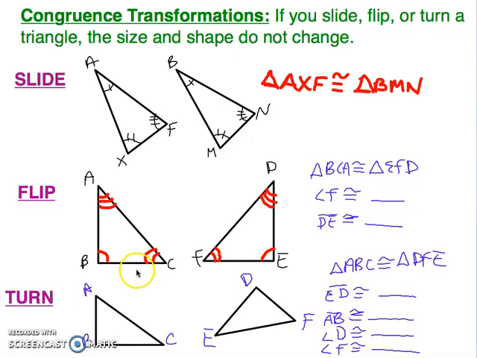So with these congruent measurements, we can see that one little arc means that these are congruent, and two little arcs means that these are congruent, and then three little arcs means that these are congruent. These are identifying the corresponding pieces. So angle F, and angle F here, would be congruent to angle C.